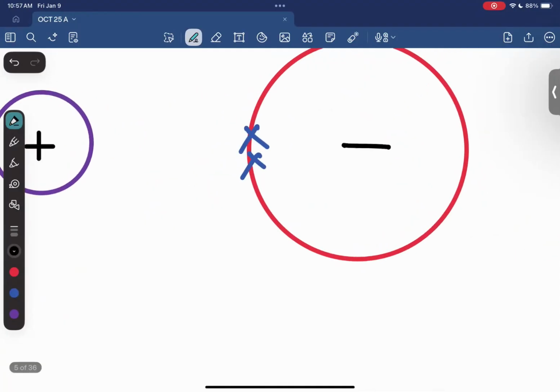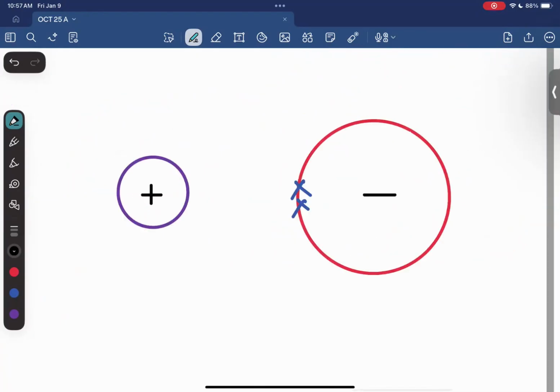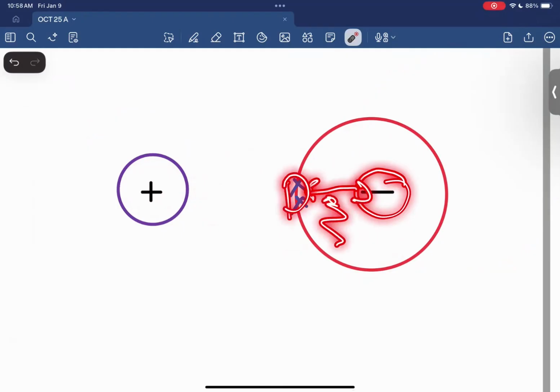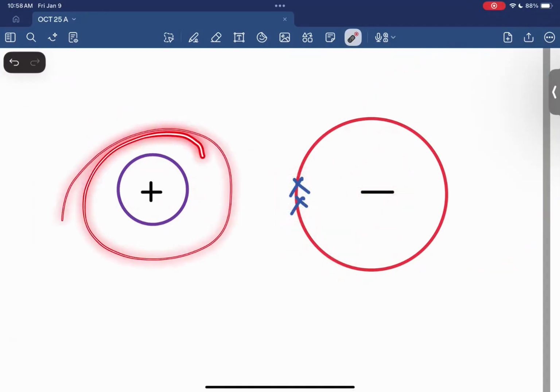So this cation has an attraction for this anion, and it tries to pull this anion towards itself. Now the larger the radius of the anion, the weaker the force of attraction between the nucleus and the electrons of that anion. As a result, it is easier for this cation to pull the electron towards itself.